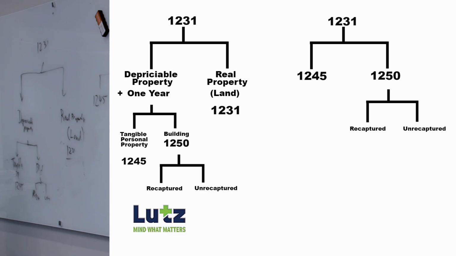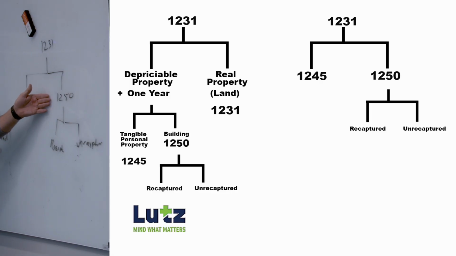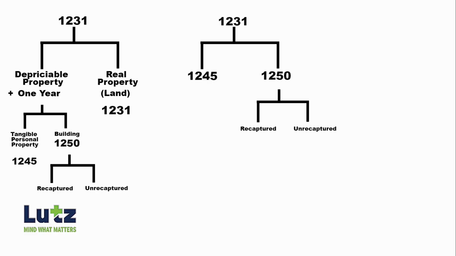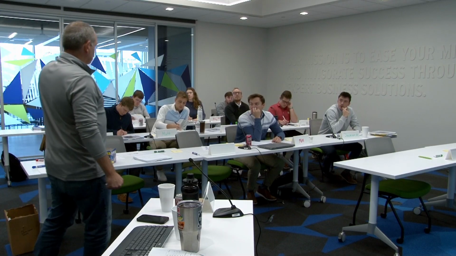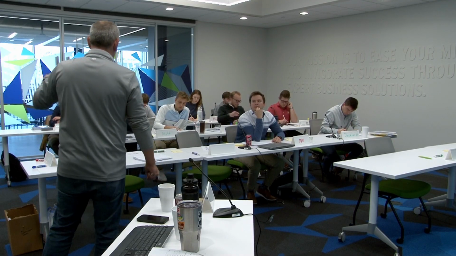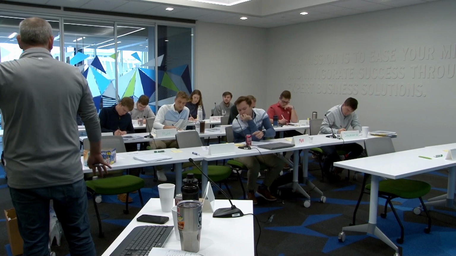This is just the beginning of how we're going to analyze this. 1245 is going to be an ordinary income item, and we're going to tell you how we quantify 1245. 1250 could either be a recaptured ordinary income item or unrecaptured. What did we say about unrecaptured 1250 earlier? What tax rate is imposed on it, and what's the character? 25%. 25% capital gain. Okay? So knowing the rules and how this gets bifurcated and segregated into the proper pieces is the trick.